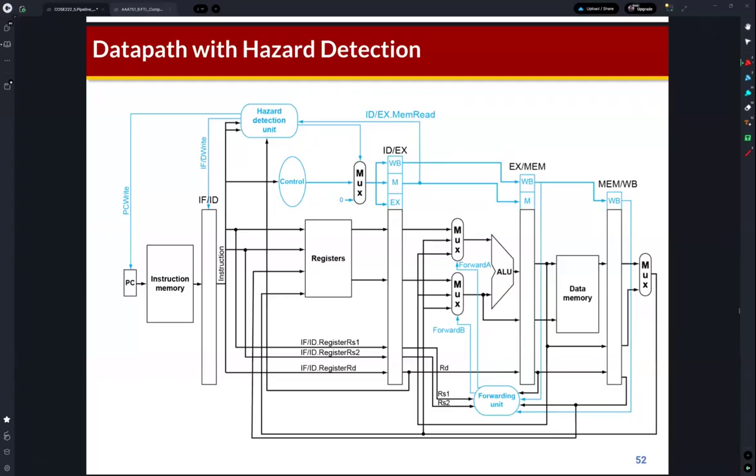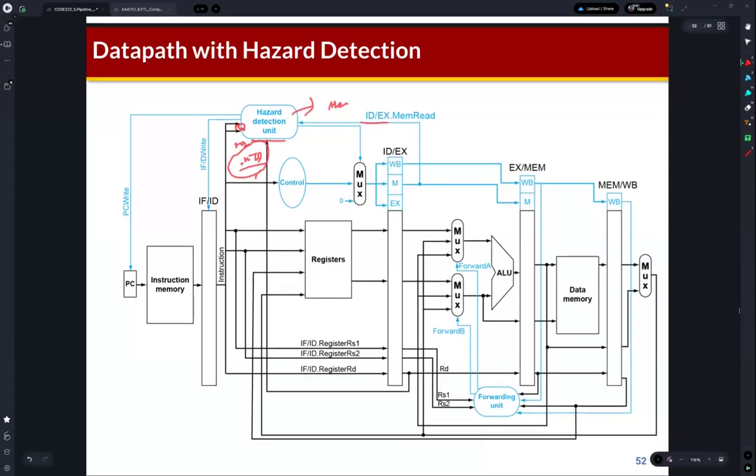So you can find the hazard detection unit here. This hazard detection unit is just to detect the load use data hazard, right? You can find that this hazard detection unit receives RS1 and RS2 in the ID stage, and then MemRead in the EX stage, right?